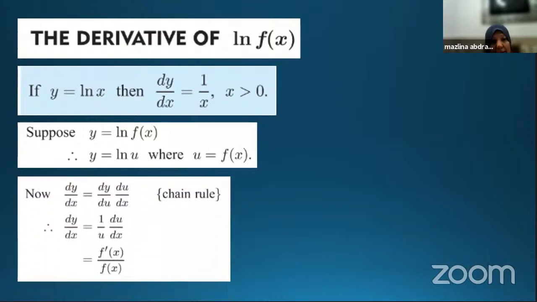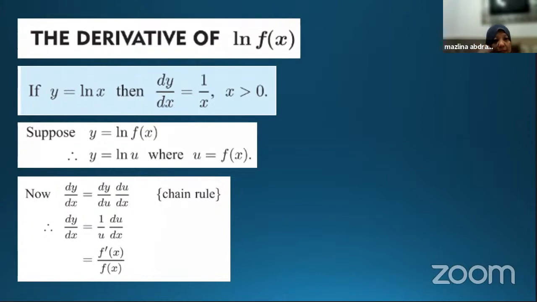And then dy/dx, definitely we need to find dy/du times du/dx. So dy/du is actually 1 over u, because the derivative of ln u is 1 over u, and then du/dx. So this is actually f prime x over f x.